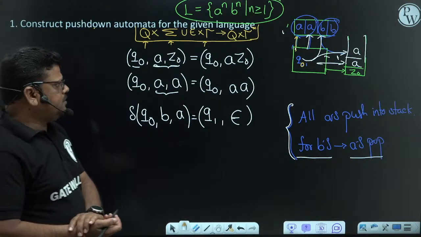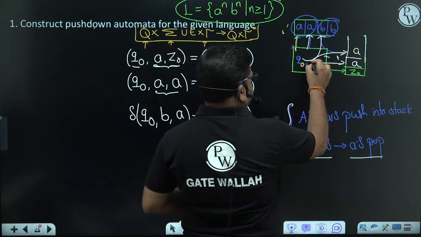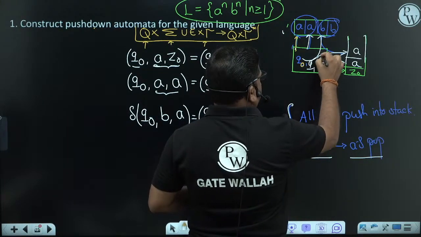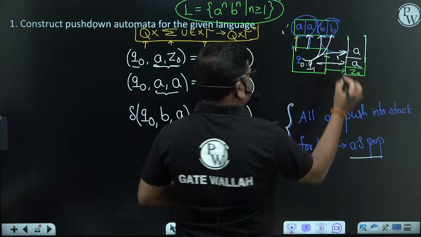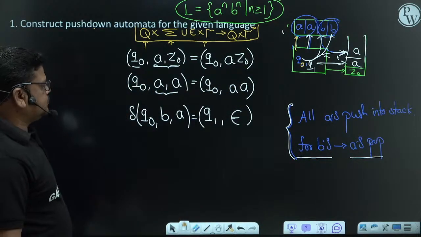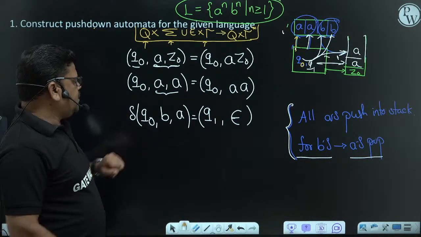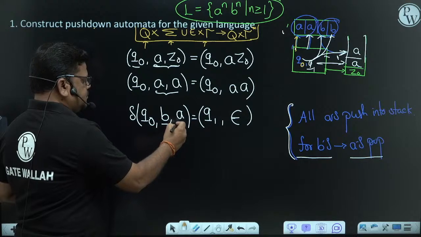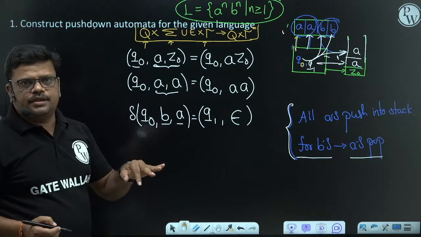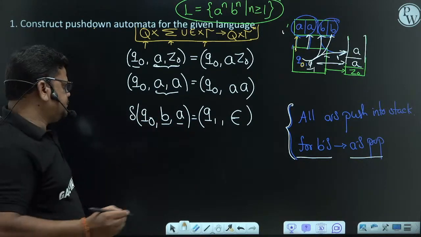So now what happens? We are in state Q1. Now the coming symbol is B, top of the stack is A. So what is the logic I am implementing? Whenever B comes, if A is there in the stack, pop that. For 1B, 1A pop.